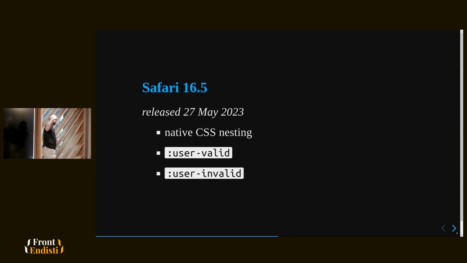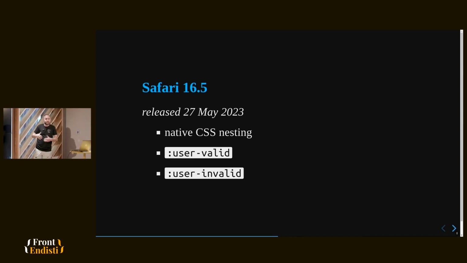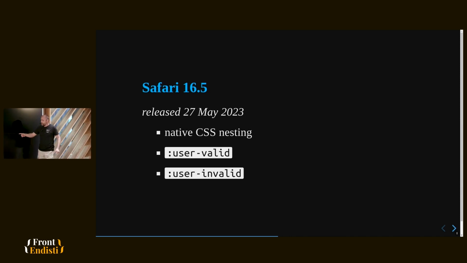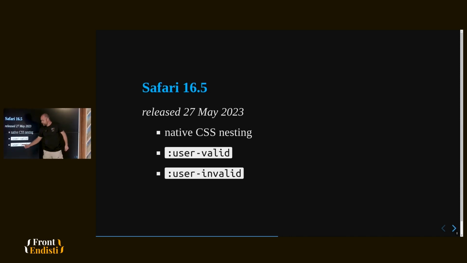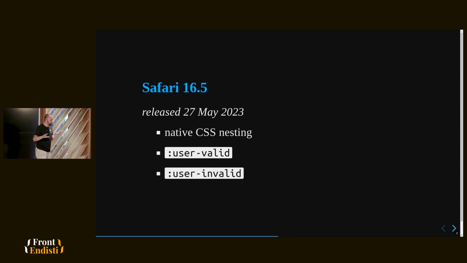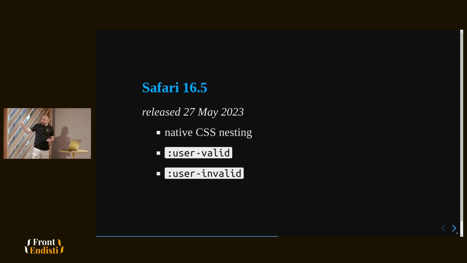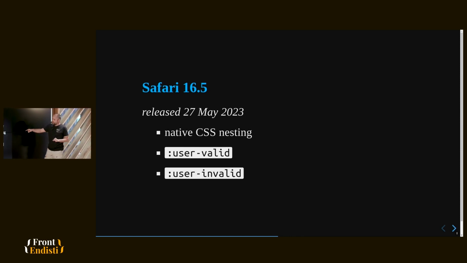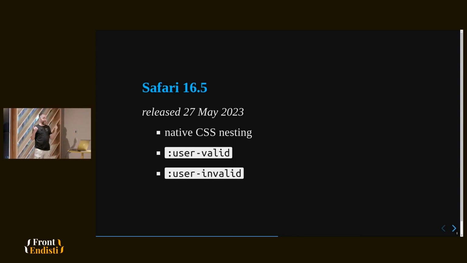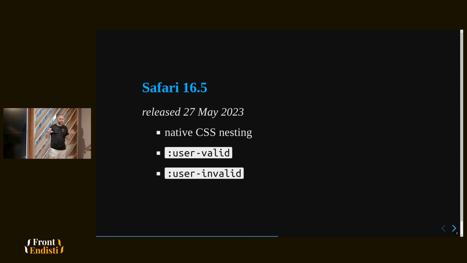Because the CSS valid or invalid pseudo class has only these two states. And this is something native to CSS and browsers, to say, hey, calm down and wait with the validation until the user is finished. So instead of using the valid and invalid pseudo class, it's better to use user-valid and user-invalid. I don't know what's behind it, it's too much for me. But I understand it basically waits for the blur event or something like that.